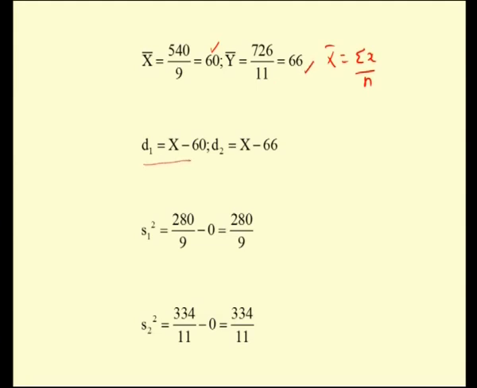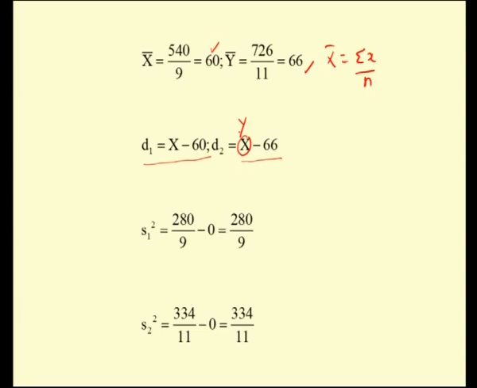Already I have shown that D1 is nothing but my deviations, which I have taken as x minus 60. Here I have taken x minus 66 for the y observations. Here D2 is for the y.